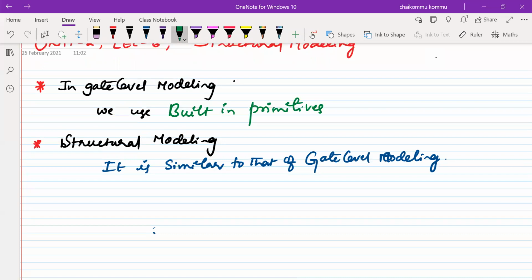But here we use components. It's not a primitive, it's a component. Component means we have to define its definition, we have to define its behavior. Only then can we write the structural modeling. So it is the interconnection of the components.